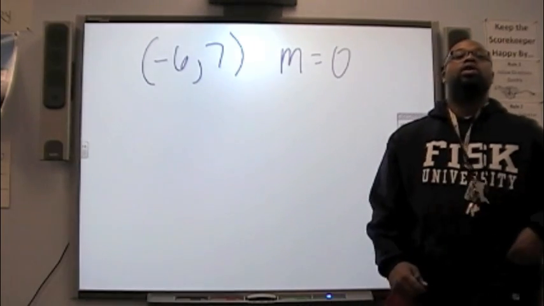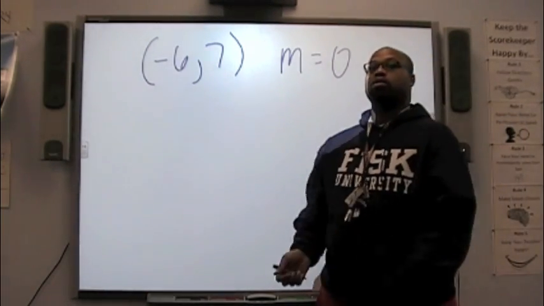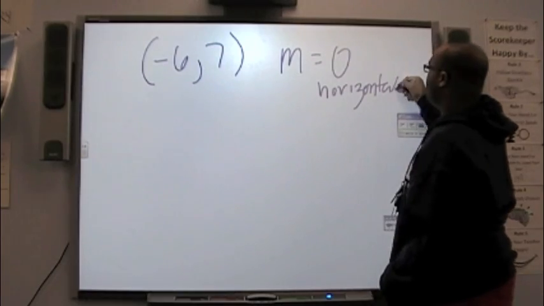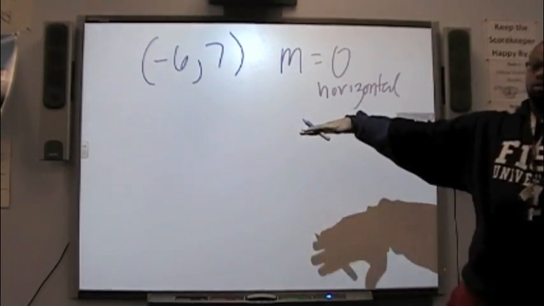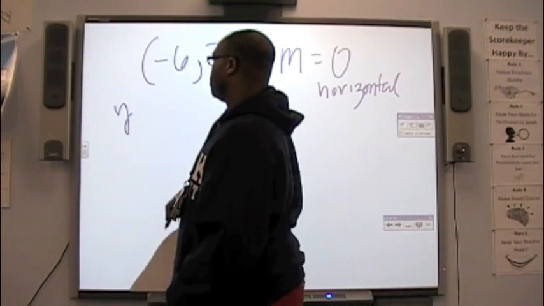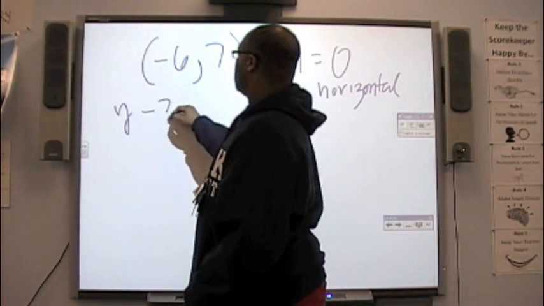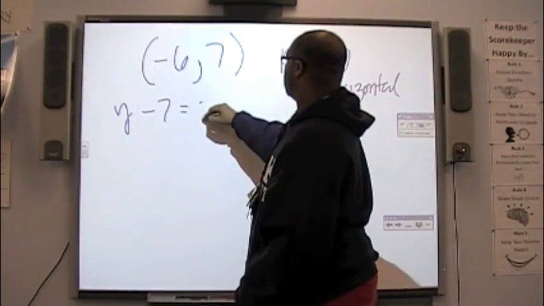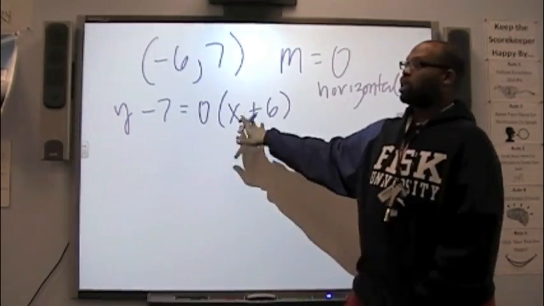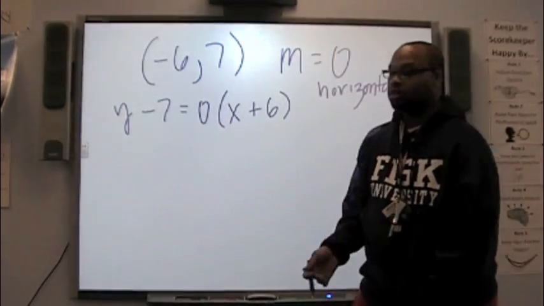One more time. This is going to be what type of line based on what we know before? A horizontal line. If we're asked to graph this, we should know that it should be horizontal, right? And so it's going to be y minus 7 equals 0 times the quantity of x plus 6. And remember, 0 times any quantity is always going to be 0.